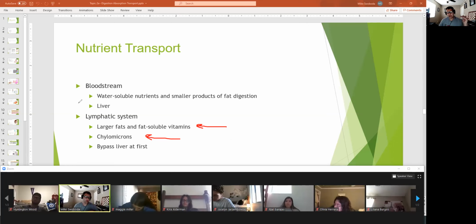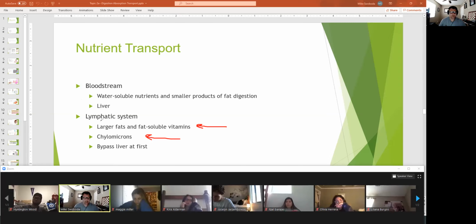Your bloodstream is by far and away the most important system in terms of being able to transport anything. If anything, you transport oxygen through your bloodstream, right? So without the bloodstream, you would die a very quick, miserable death. The lymphatic system doesn't do a whole lot in terms of major transport.